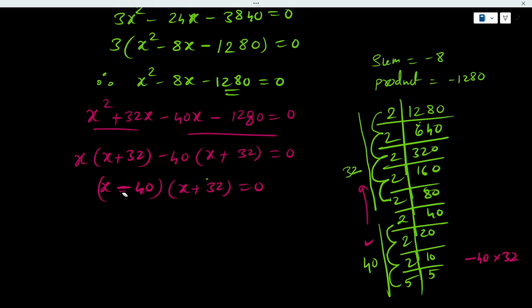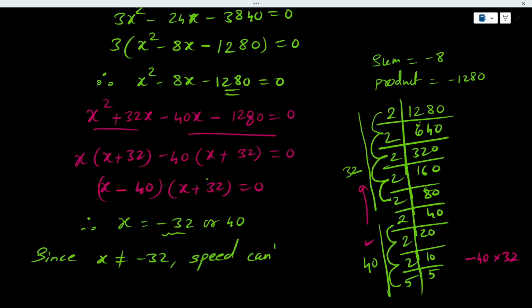You are getting two factors. So I can take each equal to 0, and if you do the further simplification, we get x is equals to minus 32 or 40. But you know that the speed cannot be negative. So what will you write down? Since x cannot be equal to minus 32, speed can't be negative.